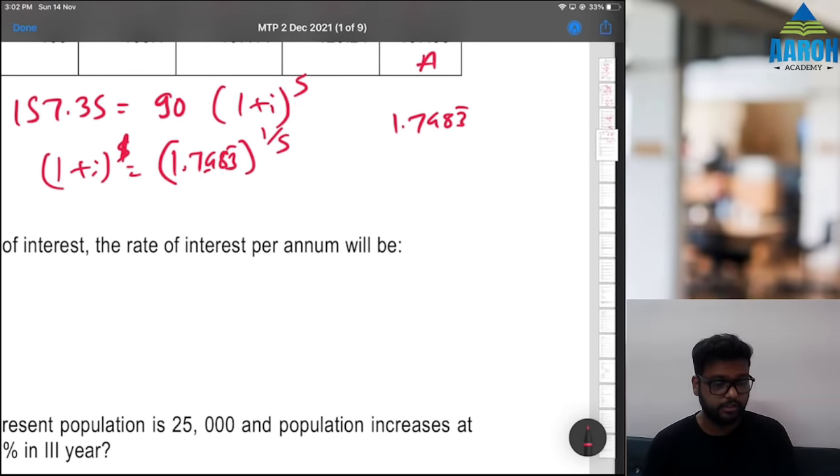1.7483 something. Then 12 times square root. 1, 2, 3, 4. Minus 1 into power 1 by 5 plus 1. And then into equal to 12 times. So into equal to 1, into equal to 2, 3.